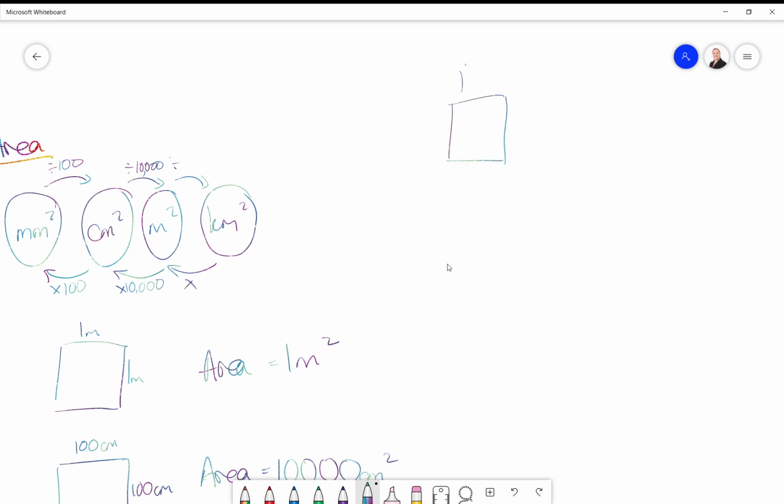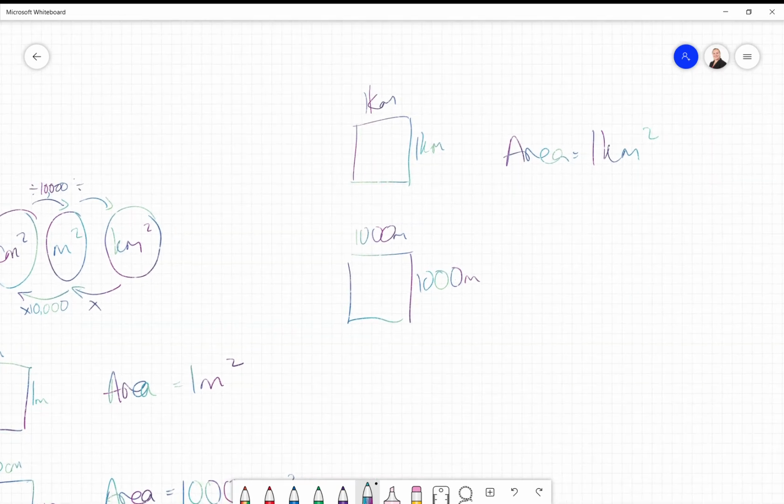This time it's 1 kilometre by 1 kilometre, so the area is 1 kilometre squared. If I have the same square, but this time I'm talking about it in metres, well, a kilometre is 1,000 metres, so that's 1,000 metres by 1,000 metres.